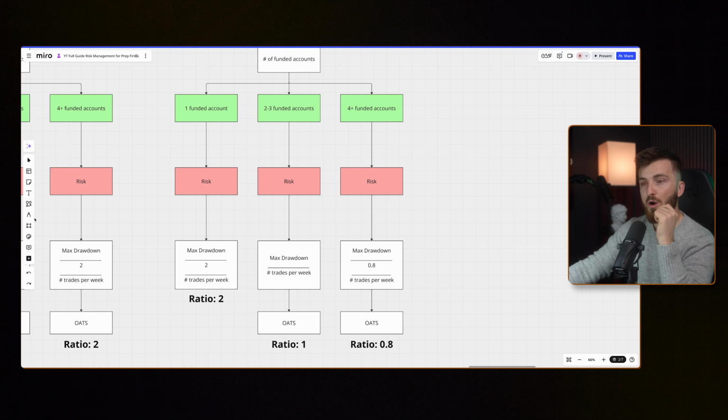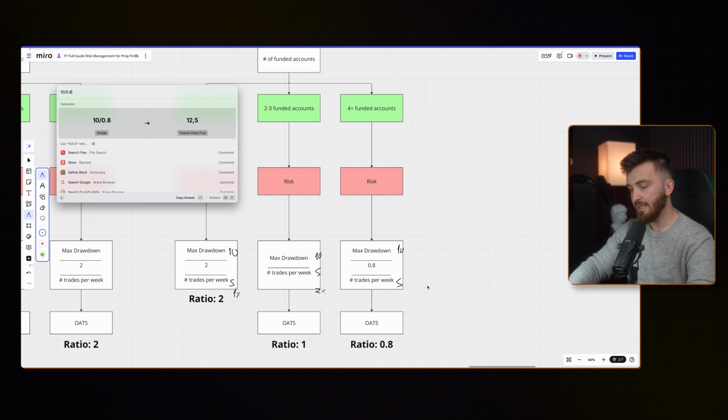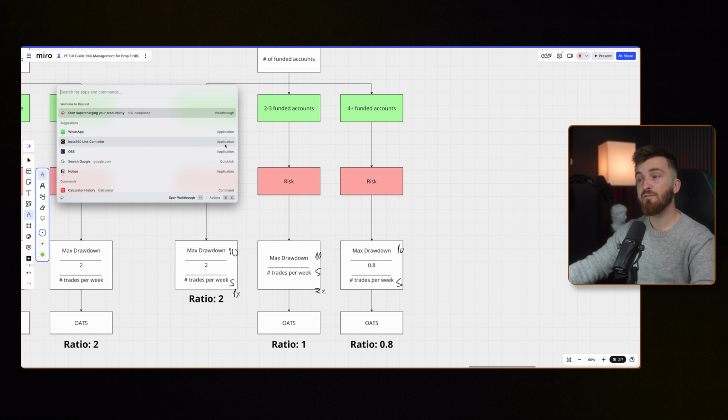So notice how much we are risking on these challenges. 10 divided by 2 divided by 5, we're risking 1% per trade on your 1 funded account, right? If you have 2 to 3 accounts, then we are doing 10 divided by 1 divided by 5, so you're risking 2% per funded account. And if you have 4+, then you're doing max drawdown divided by 0.8 divided by number of trades per week. So 10 divided by 0.8 divided by 5, then you have 2.5% risk.